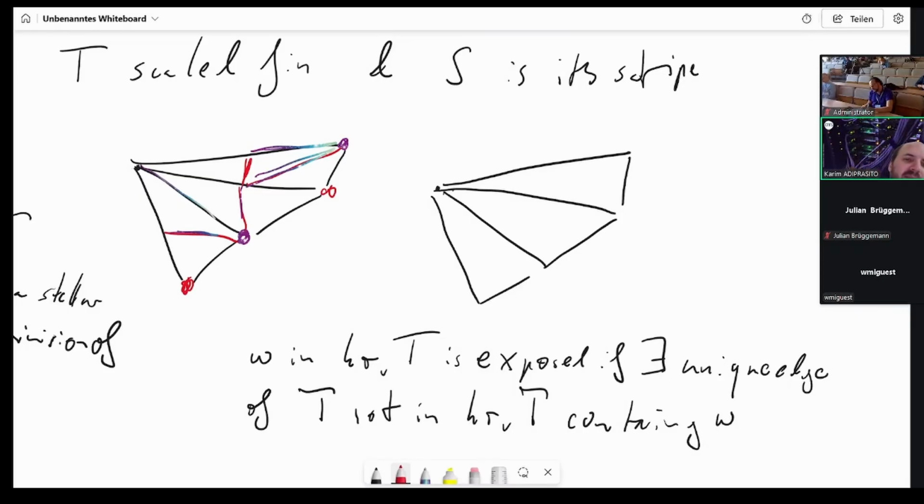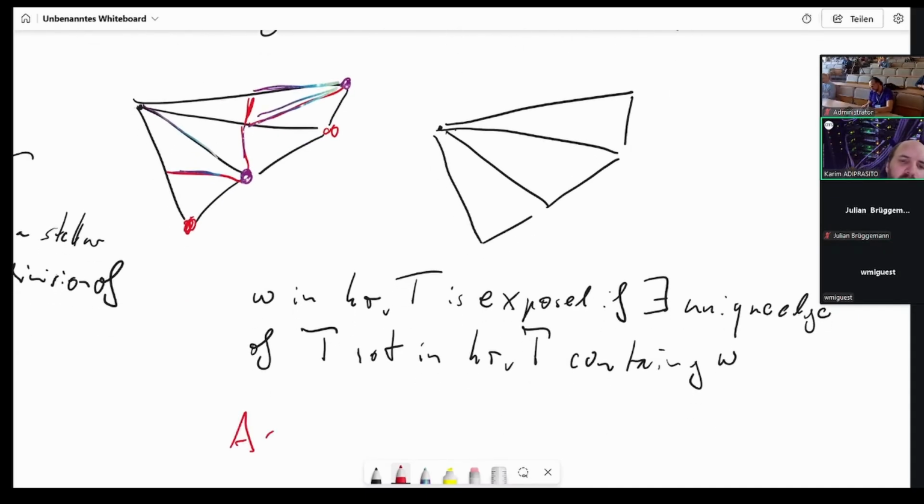So we have this exposed edge, assuming that it exists. Assume W is exposed. What can I do? Well, I can look at this edge that contains it. This edge here would be the unique edge that contains it. And there's a unique vertex on the other side, this vertex here. It's kind of complementary to the exposed vertex.